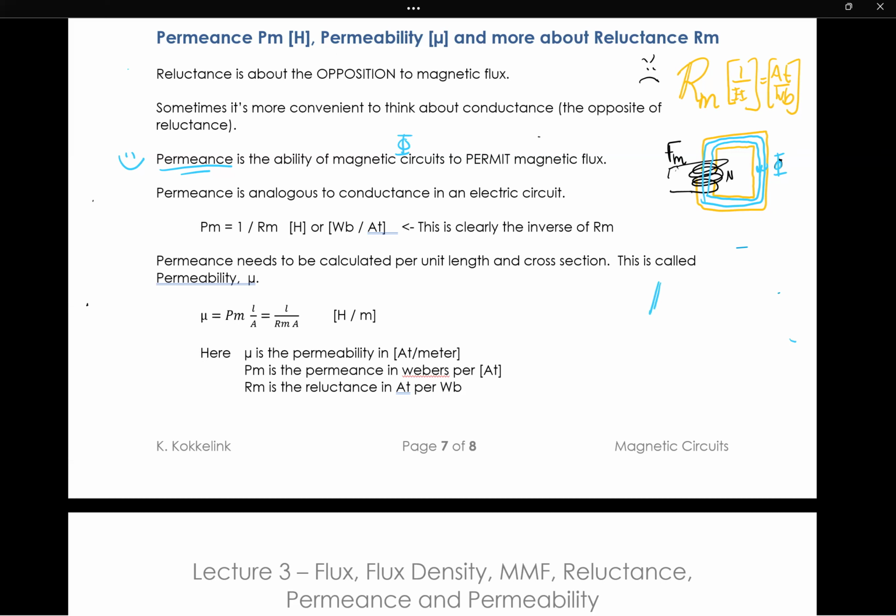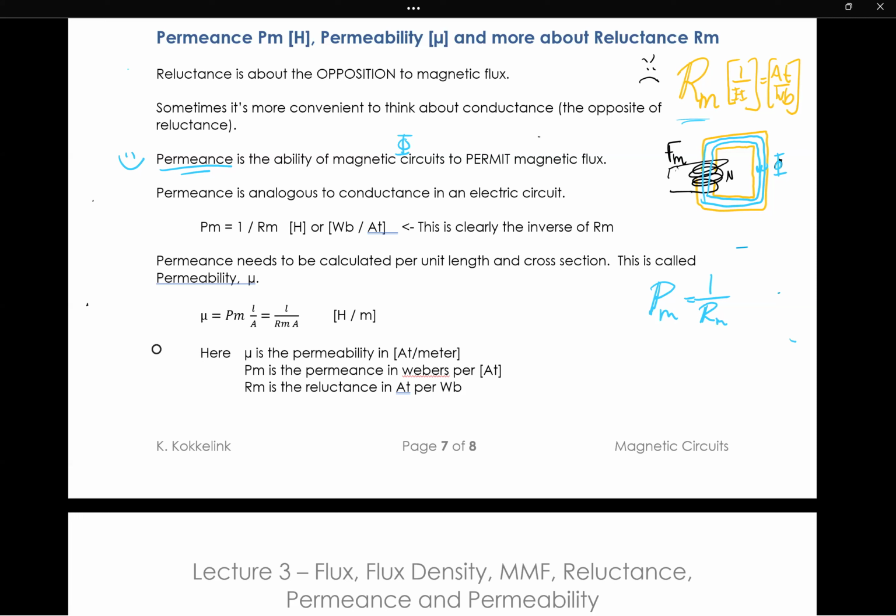So permeance, I like to draw it with a fancy P, just like we draw the fancy R like this. And I put an M for it's to do with magnetism, right? So the permeance is just the opposite or the inverse of that reluctance. So it's 1 over Rm.